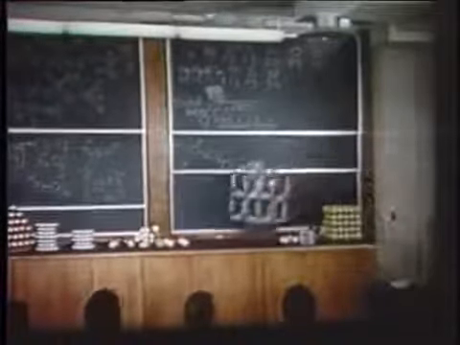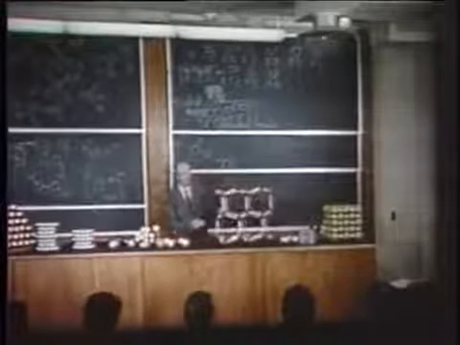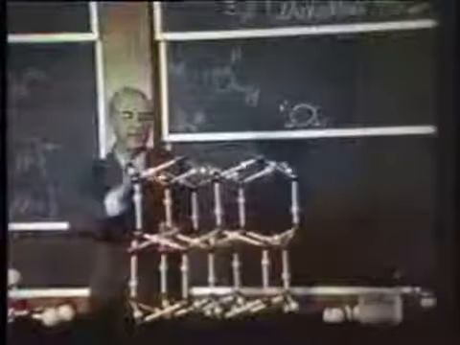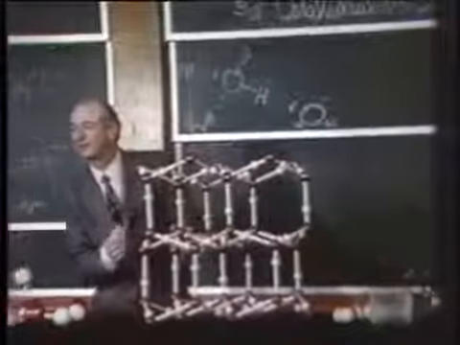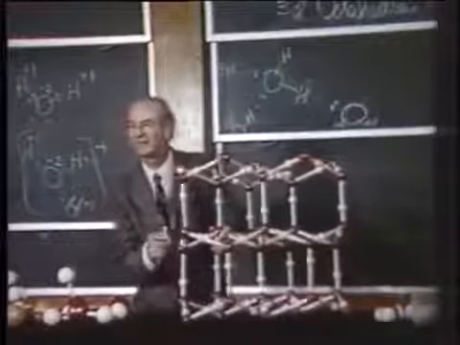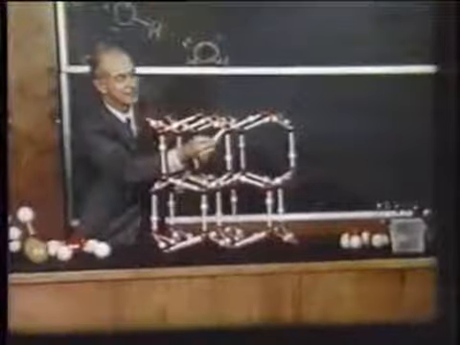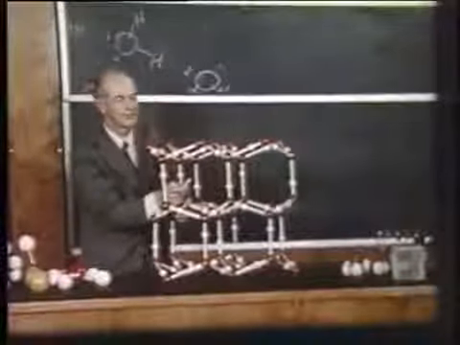The structure of ice, as determined by X-ray diffraction, is shown by this model. Here, the oxygen atoms are arranged in a way resembling, not identical with, but resembling the arrangement of carbon atoms in diamond. This oxygen atom is surrounded by 4 other oxygen atoms at tetrahedron corners.